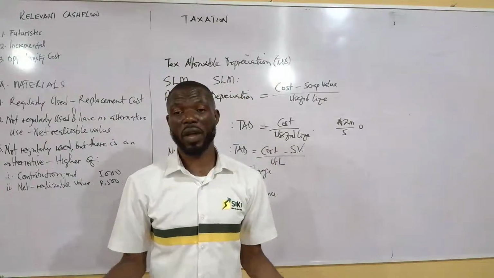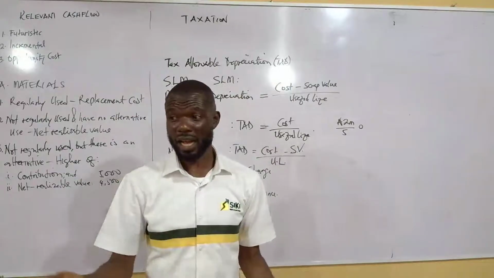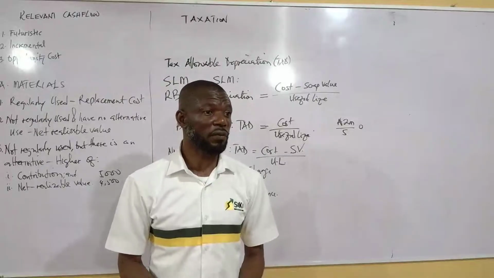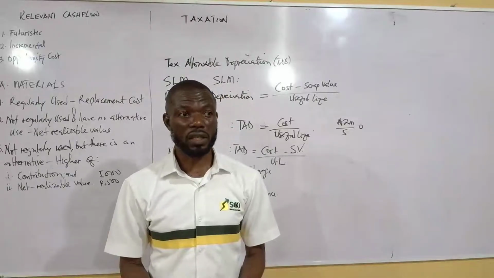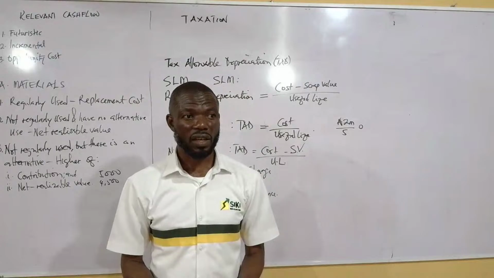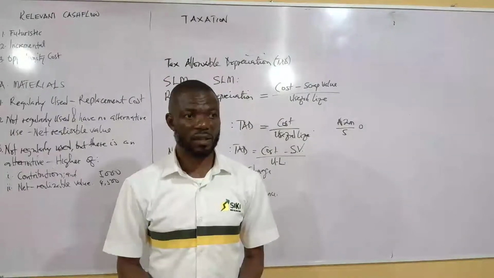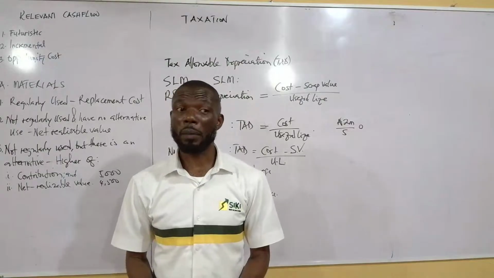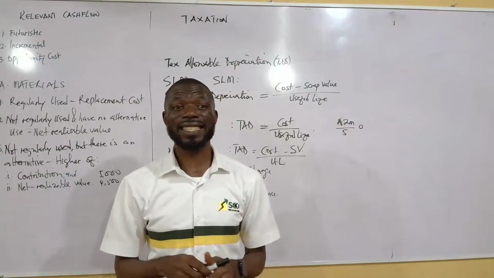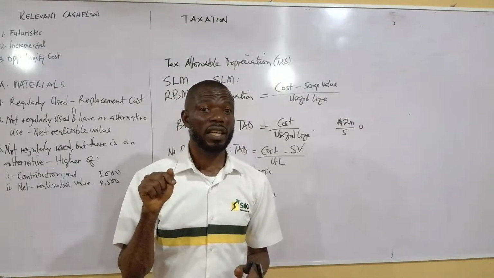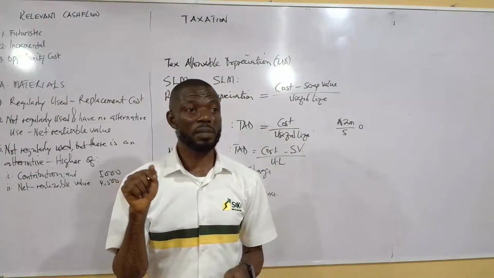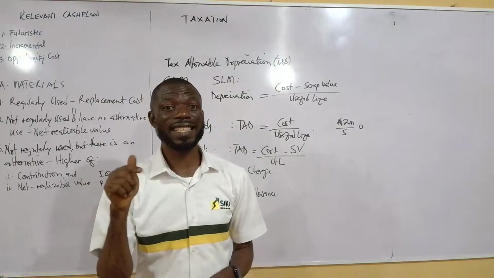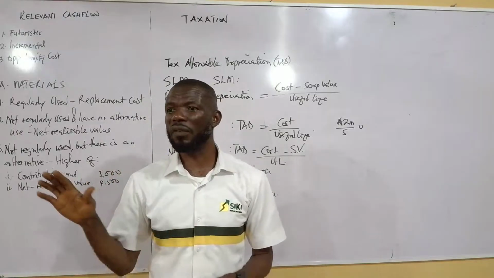You can put it another way. It just means that the sales proceeds of a qualifying capital asset is greater than its tax written down value.